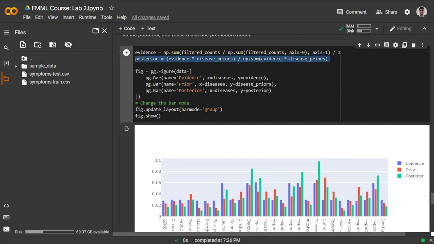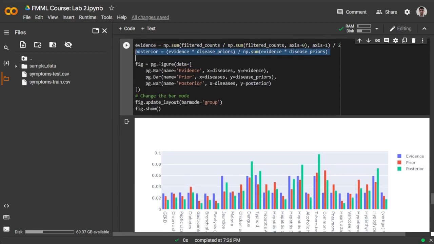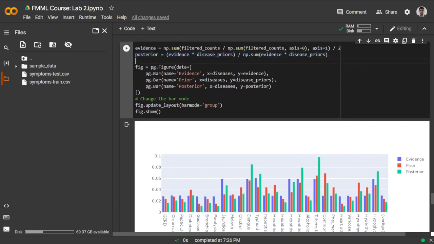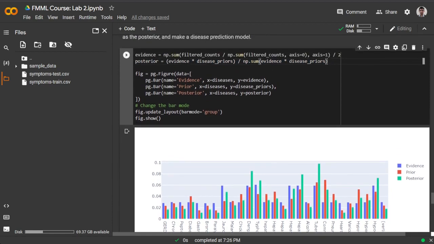So here we have used the application of Bayes rule. We have computed the evidence and we knew the priors, which were defined above, and we have tried to compute the posterior, or a value proportional to the posterior, in the same way we talked about in the previous lab, that dividing and normalizing the posterior by the denominator is often computationally expensive, so we have avoided that.